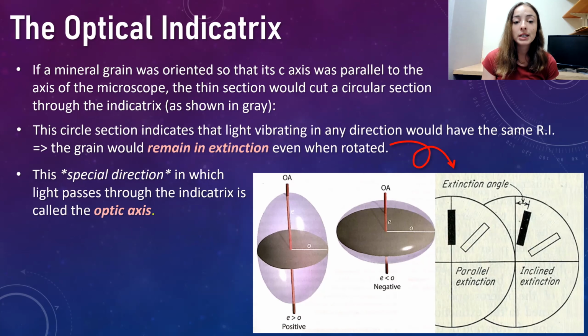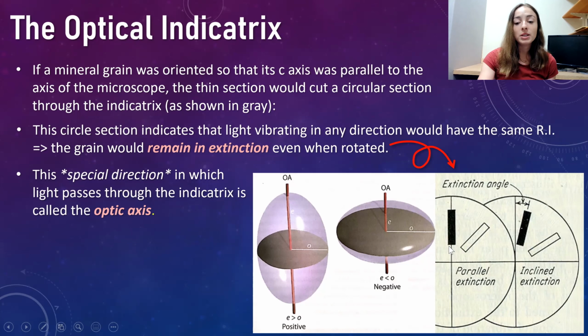Now, this circular section indicates that if the mineral grain was cut like this, light vibrating in any direction would have the same refractive index, because you can imagine it's circles, so light vibrating any way is going to have the same magnitude of refractive index. And we know that if the mineral has the same refractive index no matter which way you rotate it, it stays in what's called extinction. It stays black under the microscope.